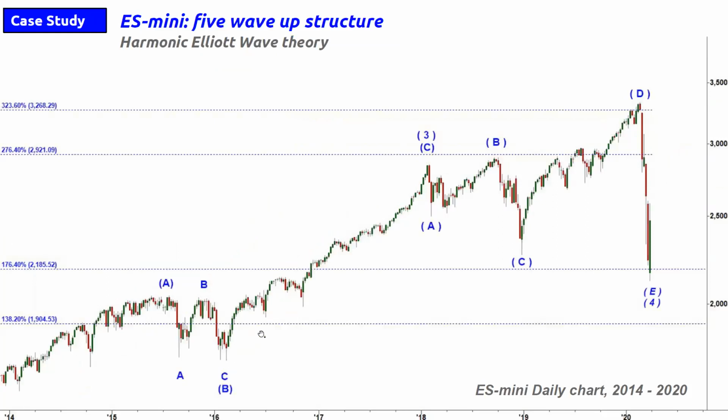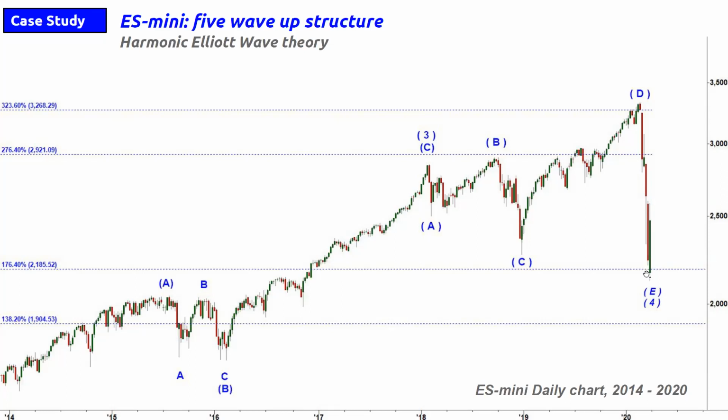We got a strong move up that extended up to 276.4% extension of wave 1. And here we got the tricky expanding triangle. It's very difficult to trade, because it's composed of 5 subwaves: A down, B up, C down, D up, E down.